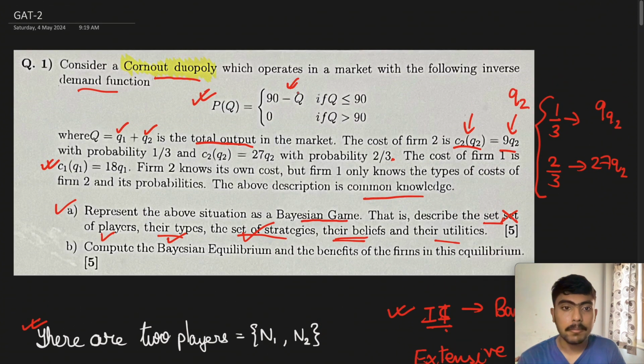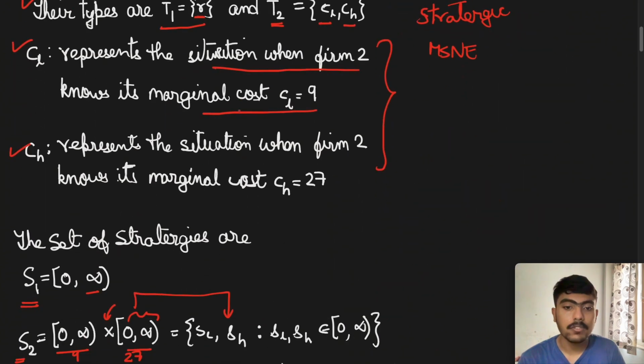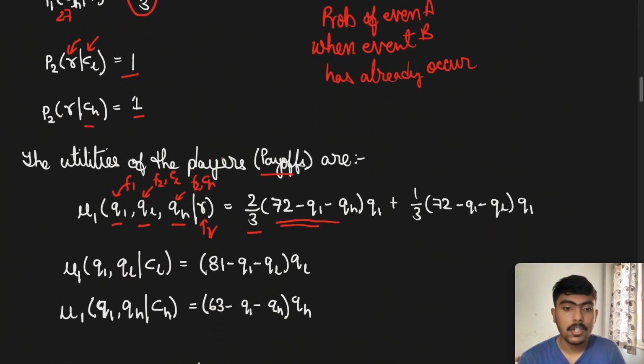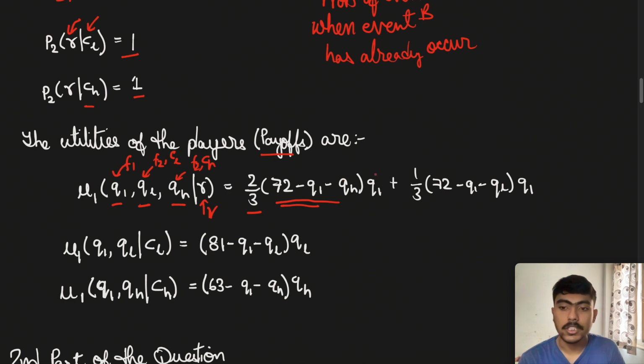And in this 90 minus Q, if we put 18, that is Q1, 18 minus QH, right? So 18 minus QH will be 72 minus Q1 minus QH times Q1, because the demand for firm 1 is Q1. Similarly, 72 minus Q1 minus QL multiplied with Q1.